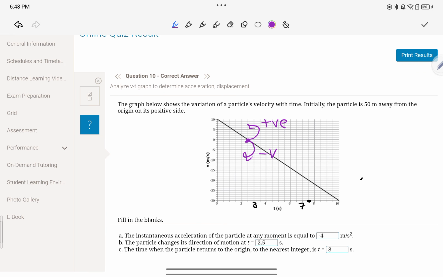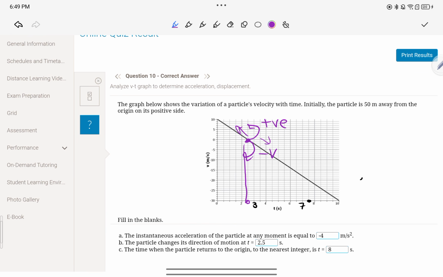So if it passes by 0, it's either going to go to the positive sense or the negative sense. So 0 is at how many seconds? 2.5 seconds.